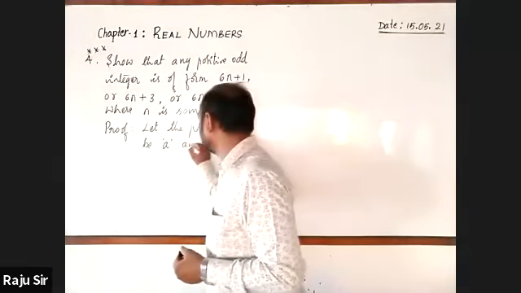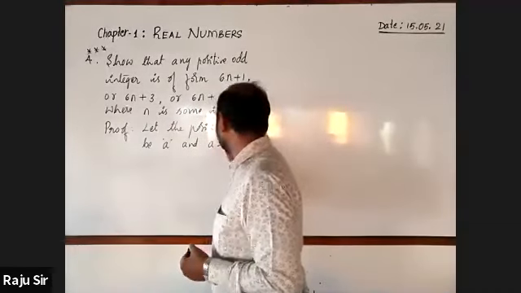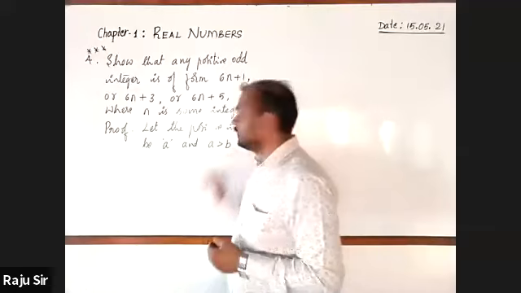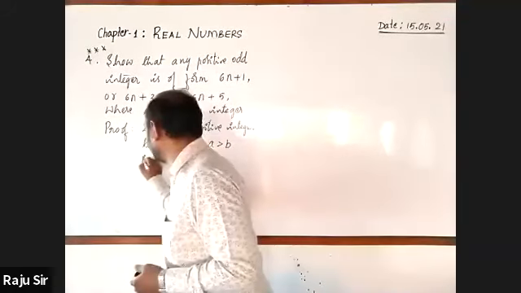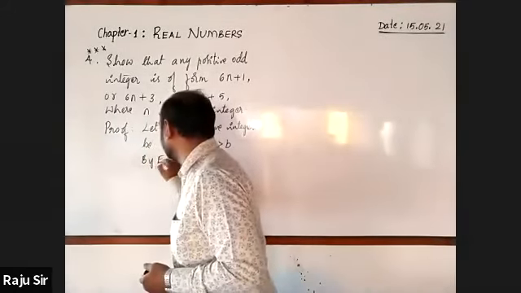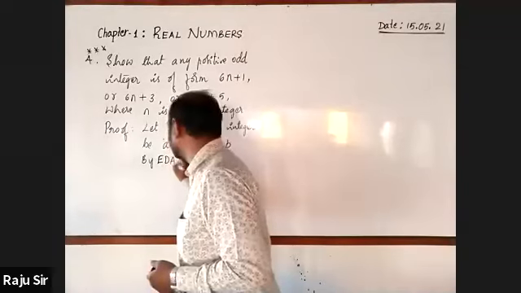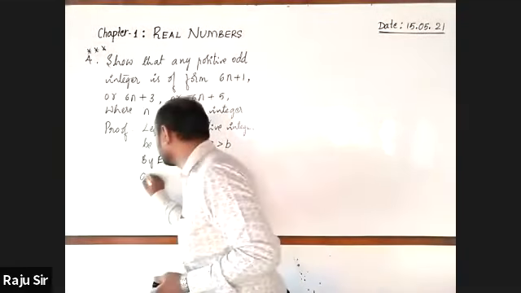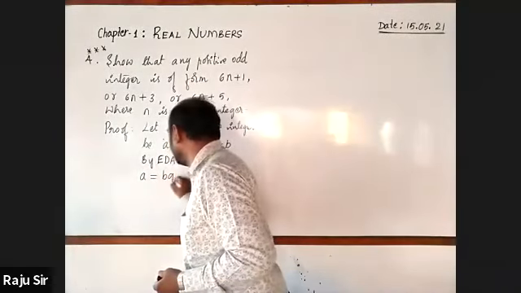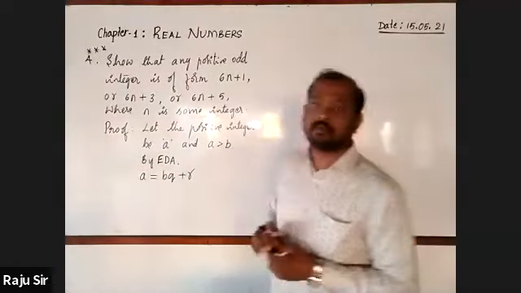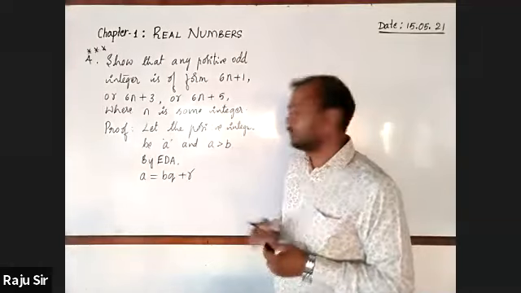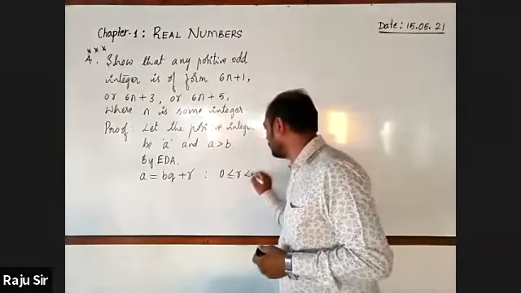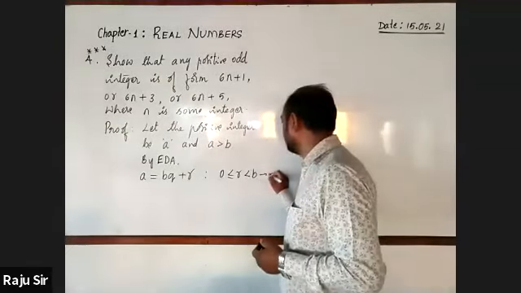Then a is greater than b. If a is greater than b, then you can use Euclid's division algorithm. According to this, you can write a equal to bq plus r, where 0 is less than or equal to r less than b.